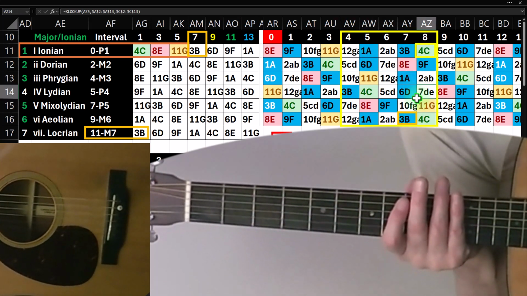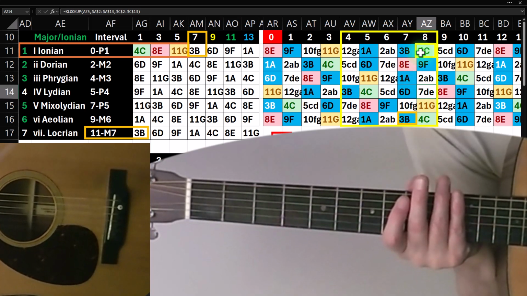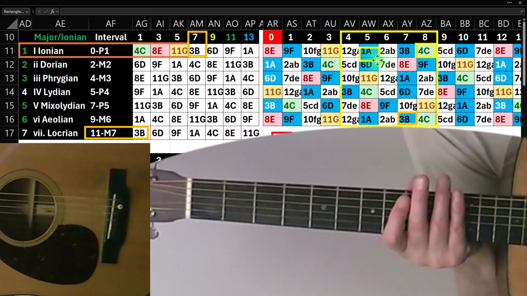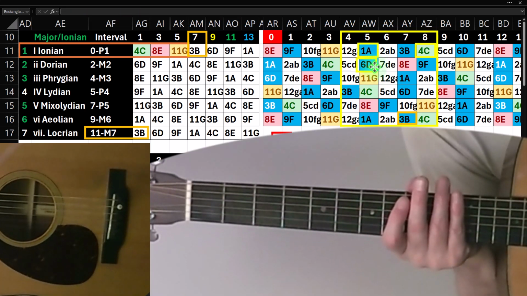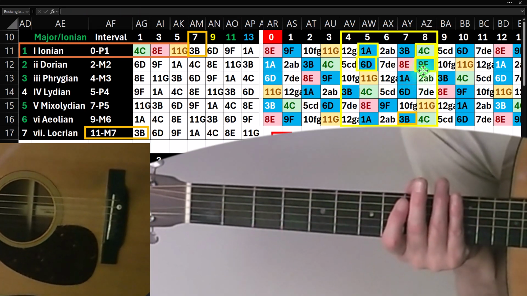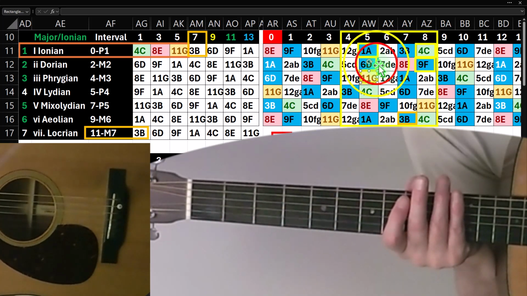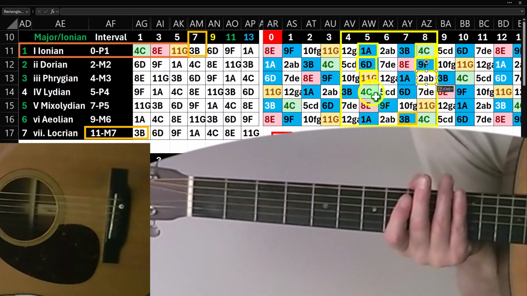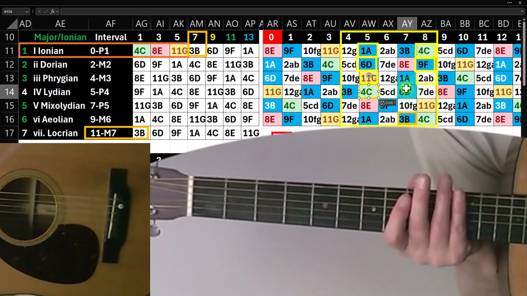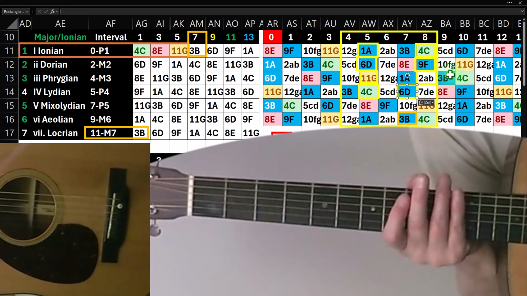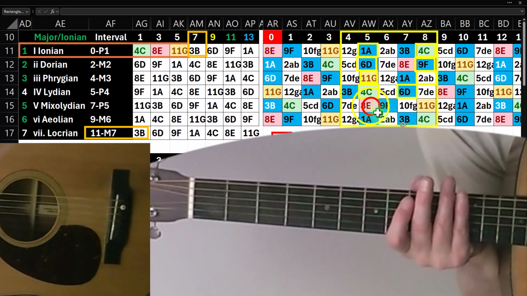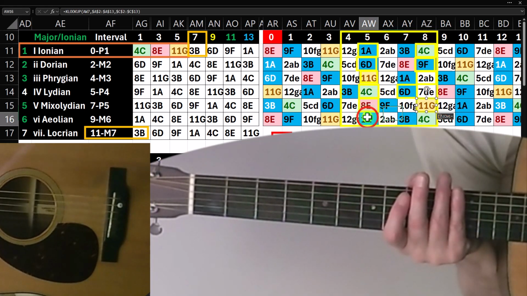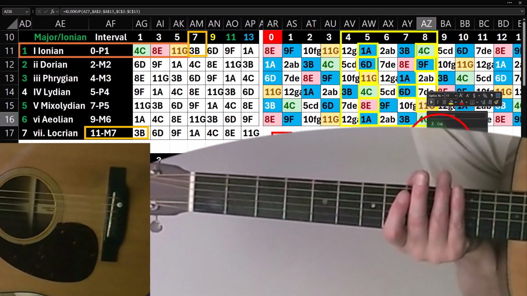Now, if you're playing in this shape and you're thinking of yourself in the key of C, notice the shape goes like this. The 5-note pentatonic shape goes like this, and then copy and paste, and paste again.